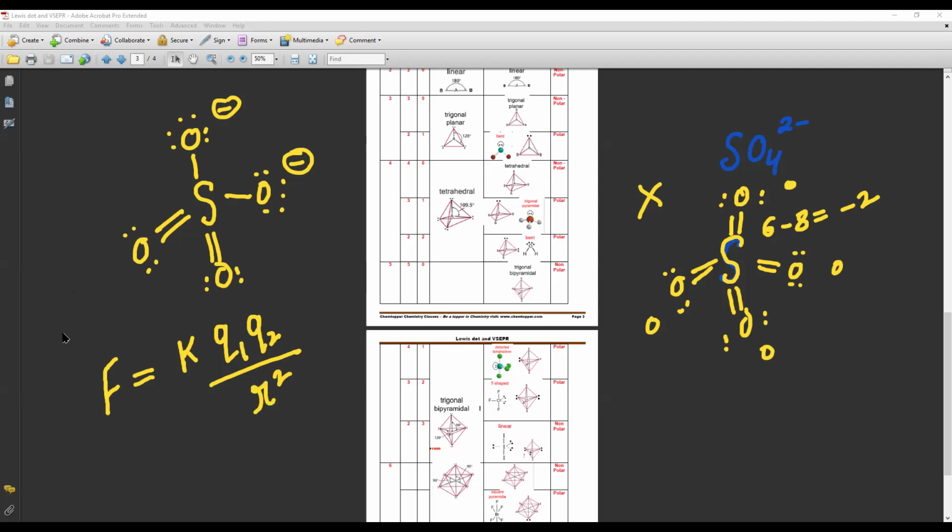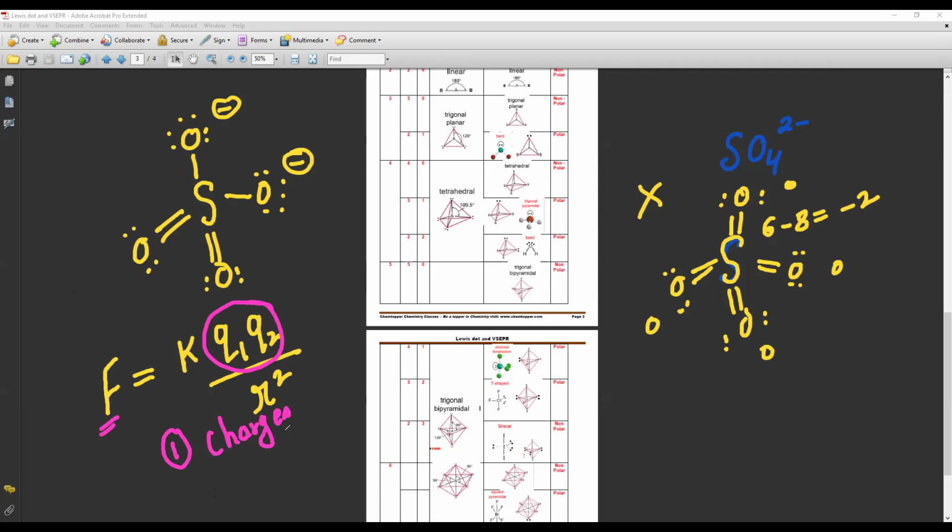Q1 and Q2 are the charges. If charges are more, attraction is more. If attraction is more, lattice energy is more. You need more energy to break the lattice also.